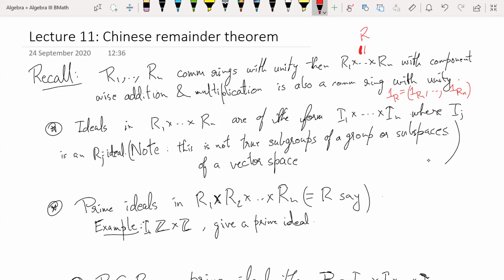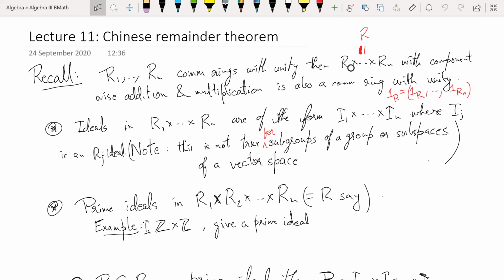Okay, and so this is not true for subgroups of a group or subspaces of a vector space. The plan was to discuss prime ideals in the product of rings, but we ran out of time. So let's start with an example.